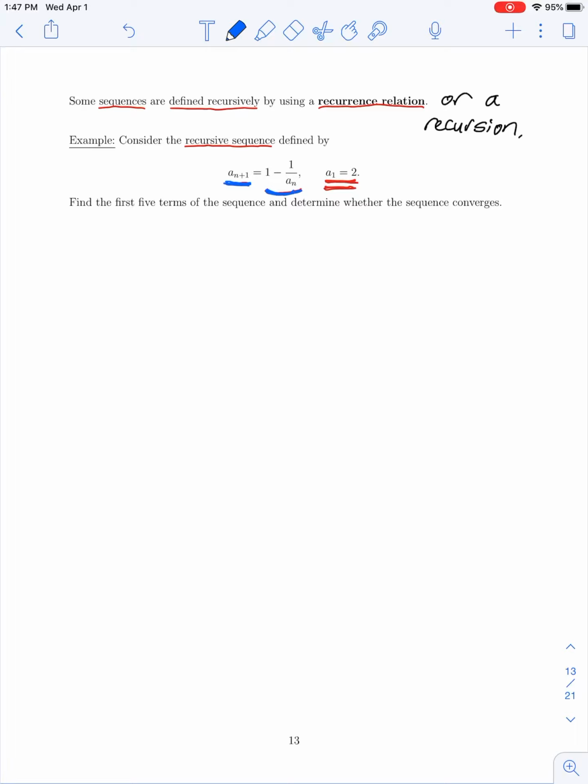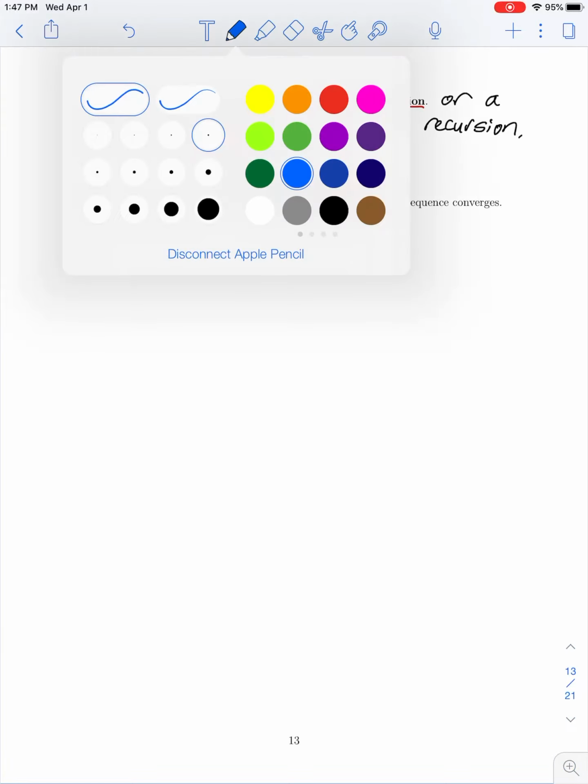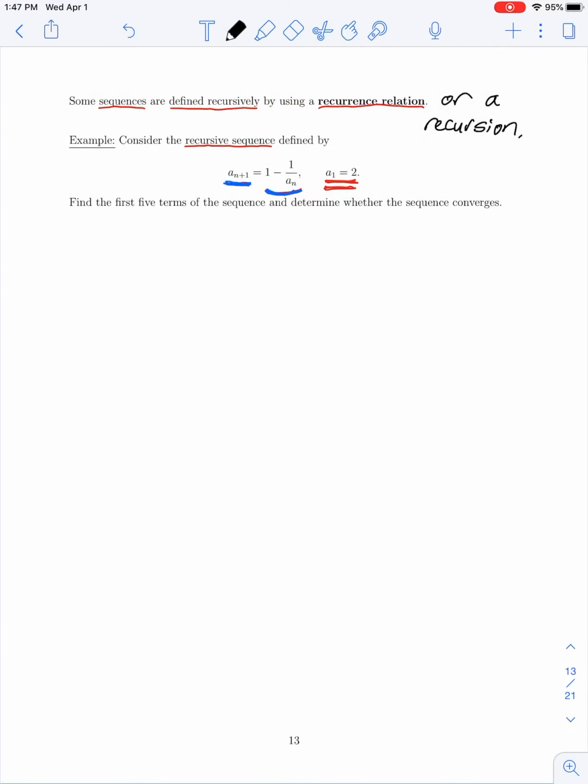That is, take 1 minus 1 over the current term that you have. So in this example, for that recursive sequence, we are asked to find our first 5 terms and determine whether our sequence converges.